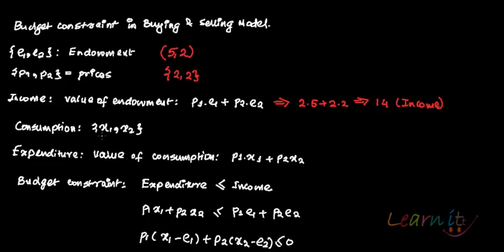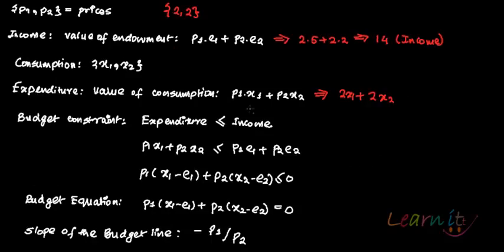Clear? You're consuming x1 and x2, and the expenditure, the value of consumption, is given by 2x1 plus 2x2. But what you want is that expenditure should be less than or equal to income. So 2x1 plus 2x2 should be less than or equal to income.